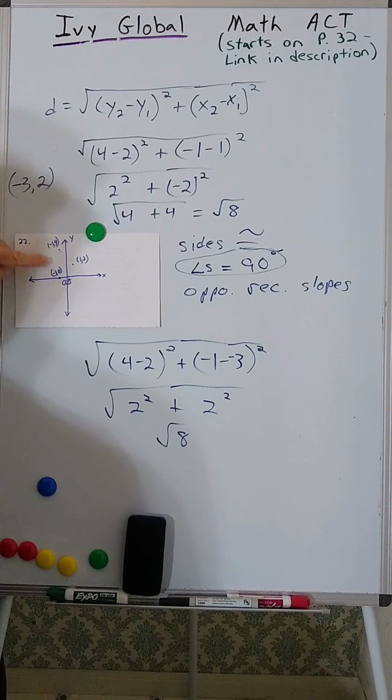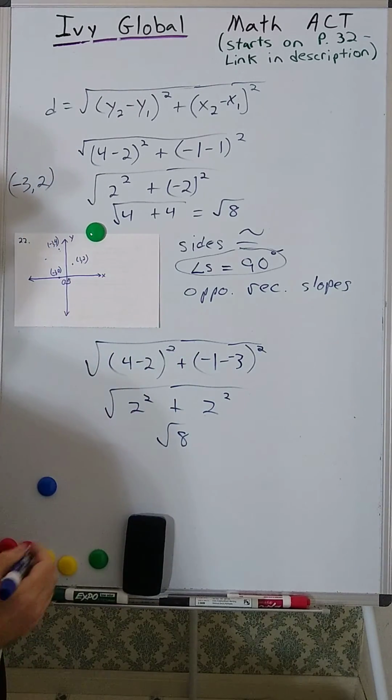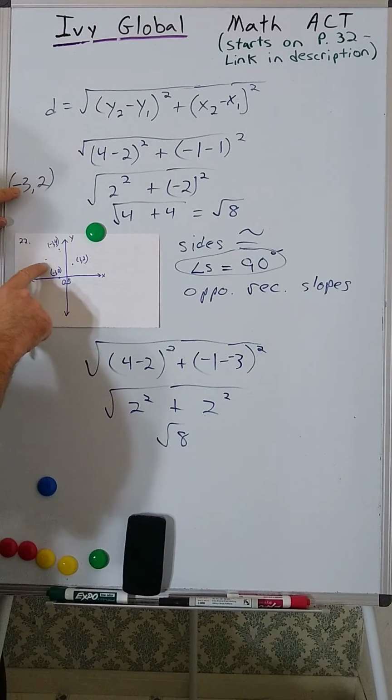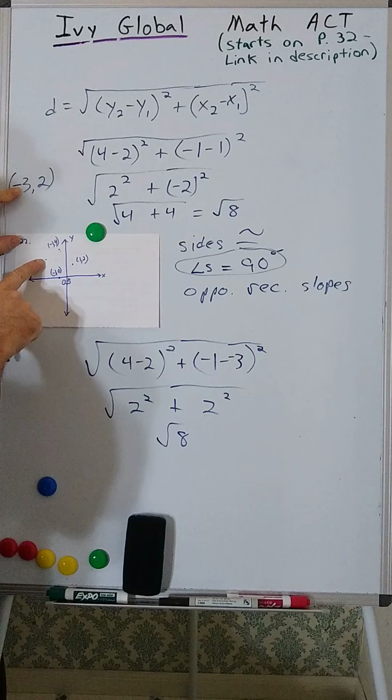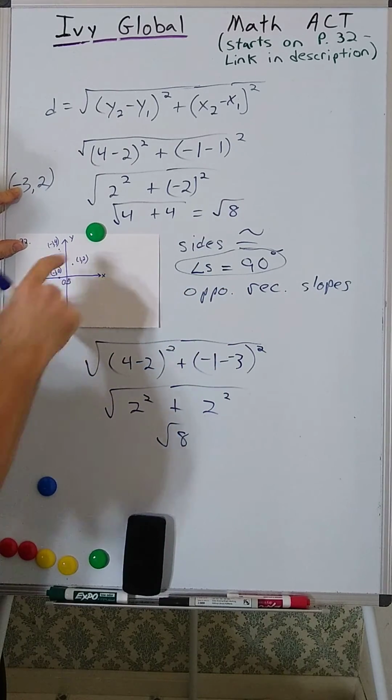Once we know this distance is the square root of 8, then we'll know all the sides are congruent. This was given to us, so we don't need to find it. So let's find the distance from negative 3, 2, which is what we think this probably should be based on our slopes, and negative 1, 0.